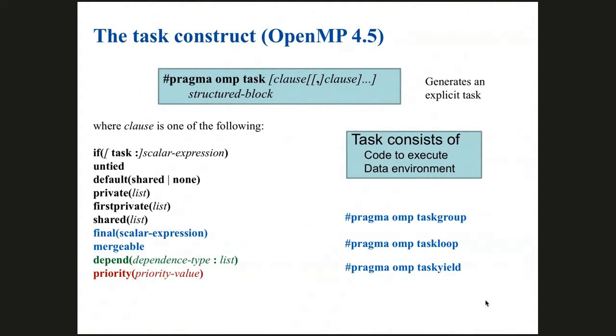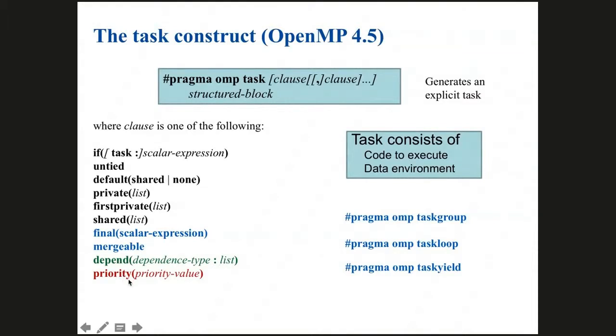So in terms of constructs, they have task, and they have taskgroup, and taskloop, or taskyield. And the clause itself can take different data environments. It could be an if condition, and you can specify private or shared and those types of data environment.